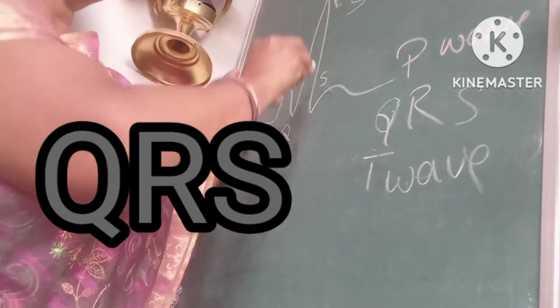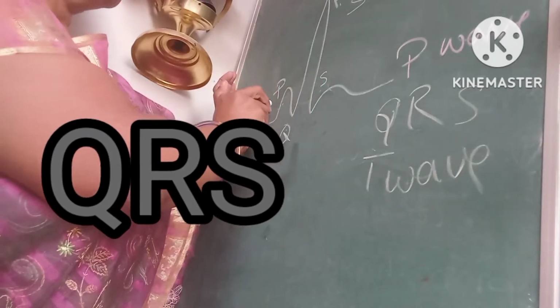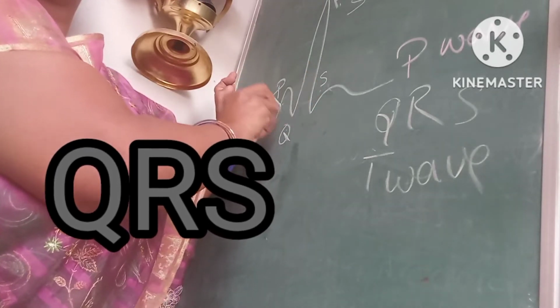The QRS wave begins a fraction of a second after the P wave.